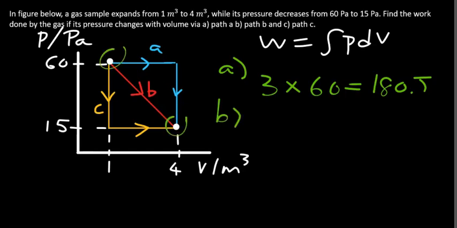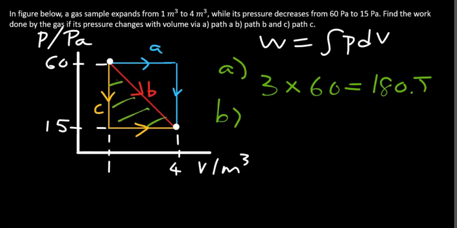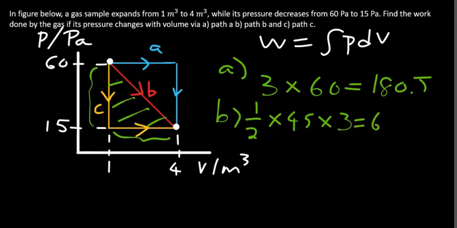Now let's look at path B from here to there. The area under that red graph consists of a right angle triangle and a rectangle. The area of this right angle triangle is half times this side, which is 45 pascals, and this side is 3, which is 67.5 joules.